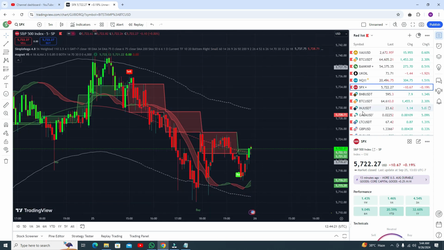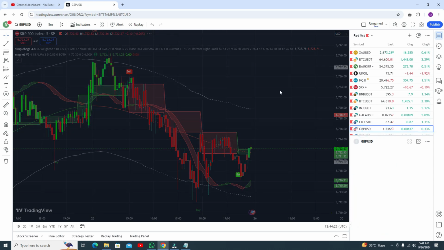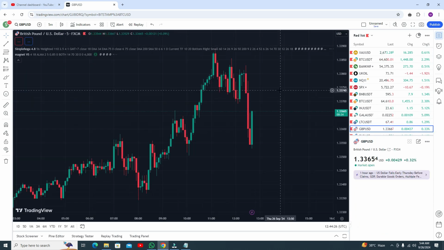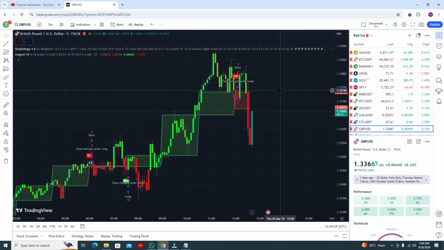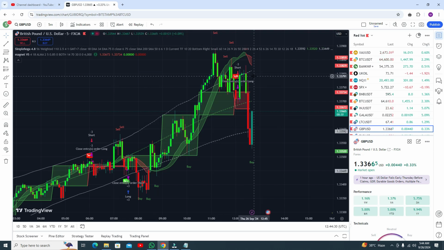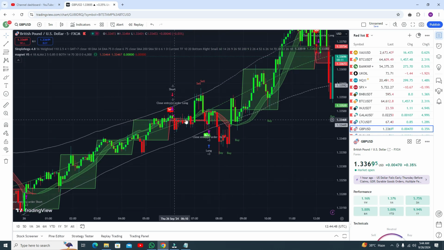Okay, so let's see results in some forex pairs as well. In the forex pair, that was the most recent sell signal, and you can see you need to book your profit at this point. Okay, the most recent signal, and you can see the accuracy is awesome. So this is the buy signal and it gives you profit. Okay, and this is the sell.